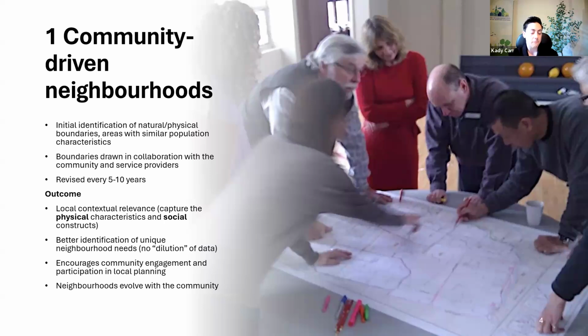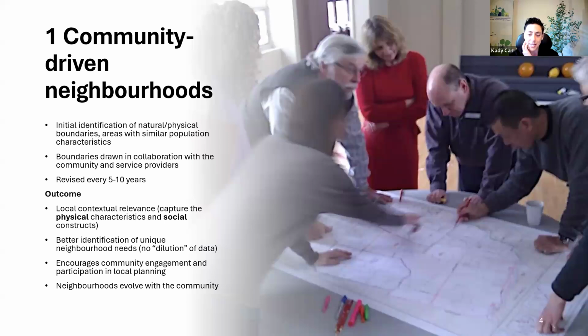But essentially they were drawn on maps, and this is back in 2006. You can see a picture there of the actual physical drawing. Since then, we've used more advanced geospatial tools to do the mapping, but they are community driven.